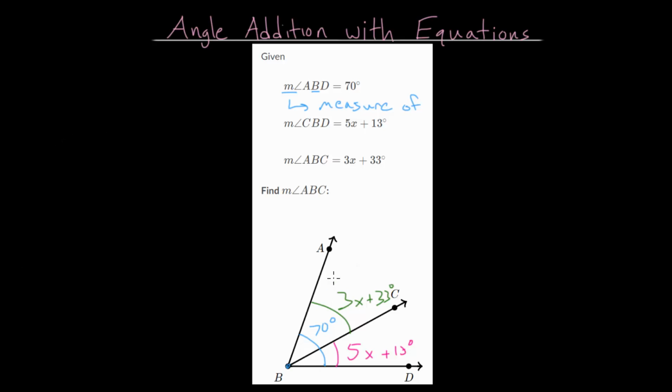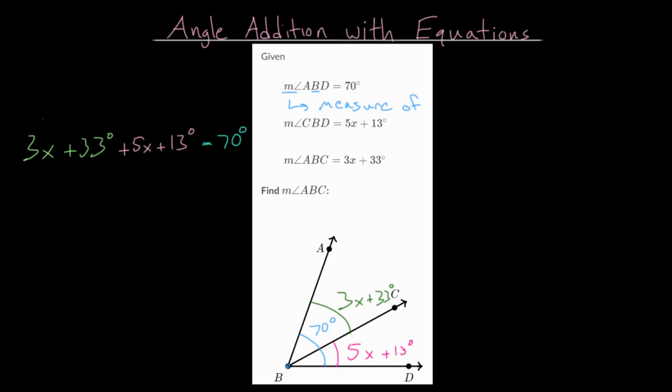We have that this ABC, this green angle, 3x plus 33 degrees, is added to this pink angle here, 5x plus 13, and that will equal the blue angle, 70 degrees. So we will add this to 5x plus 13 degrees and set all of this equal to 70 degrees.